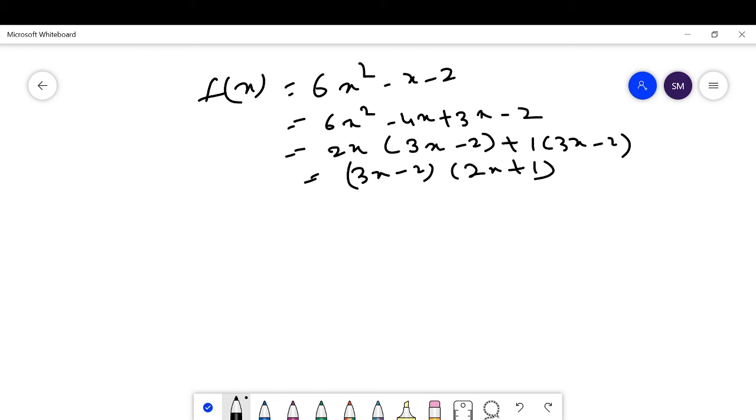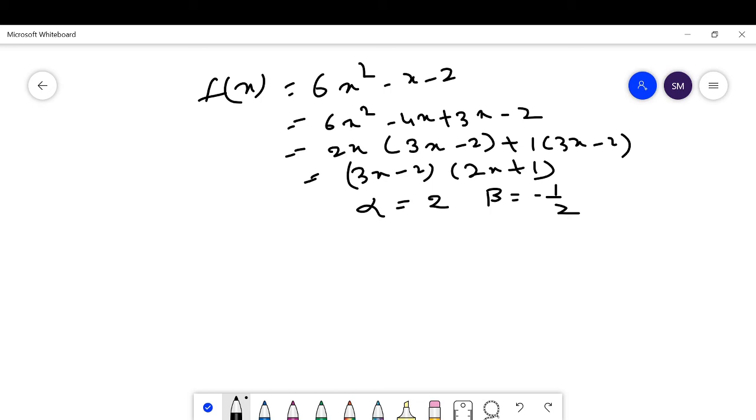Then what are the zeros here? Suppose alpha and beta are the two zeros of the quadratic polynomial. Then alpha equal to 2 upon 3, and beta equal to minus 1 upon 2.